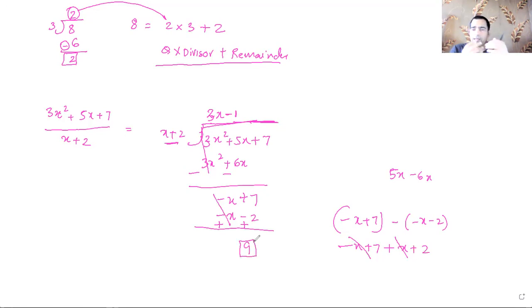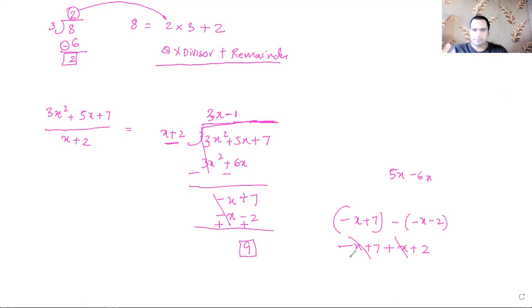Once we get a constant number and you're dividing with a polynomial factor, you stop there. You can't divide it further. So that's the first example on how to carry on with polynomial division.